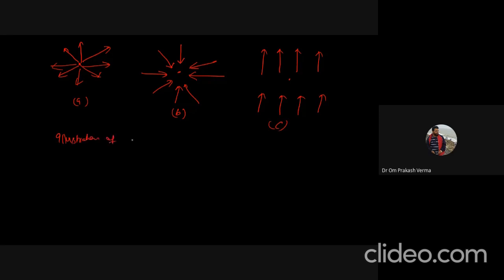Now you have to say which type of divergence each is. This is picture B, and this is picture C, and now you have to tell what each represents. We all have the illustration of the divergence of a vector field.